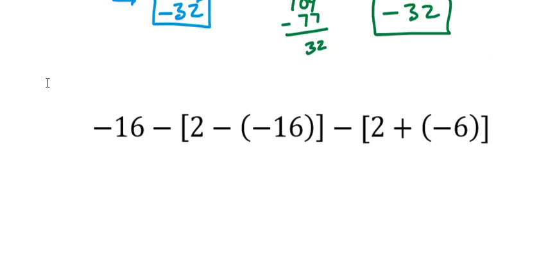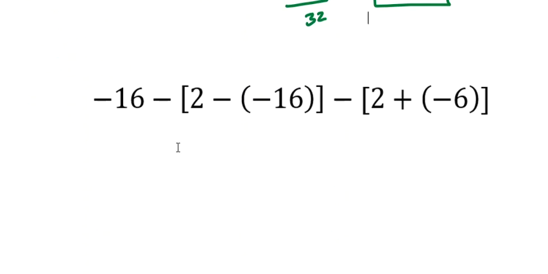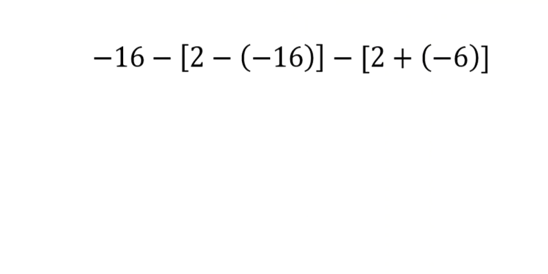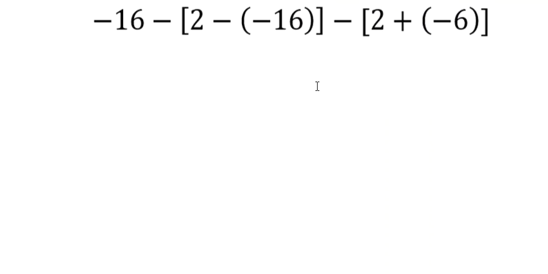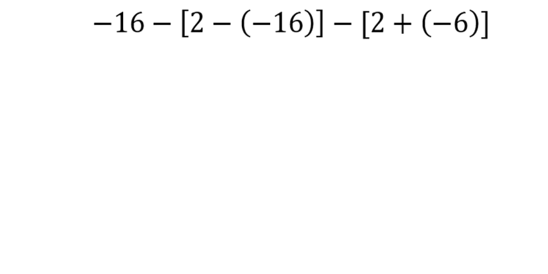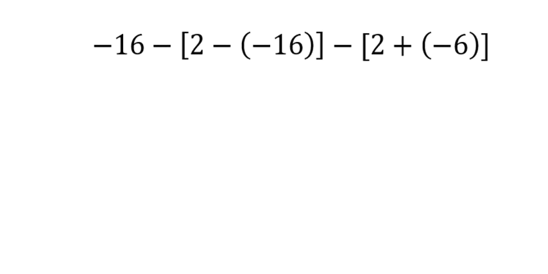Now let's take a second example. I want to show you dealing with negatives when we have some grouping symbols. So in this case, I've got some parentheses and some brackets. And that can get a little bit tricky. Let's move this back down a little bit so we can do some distributive property here. Okay, so the first thing is that subtracting is the same as adding the opposite.